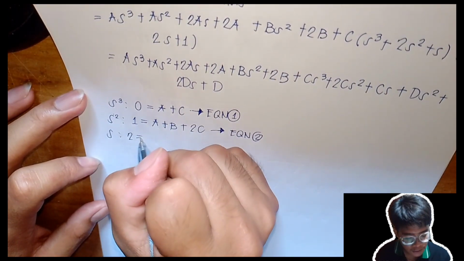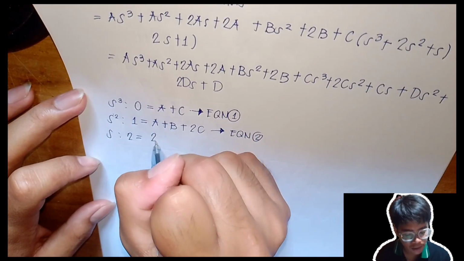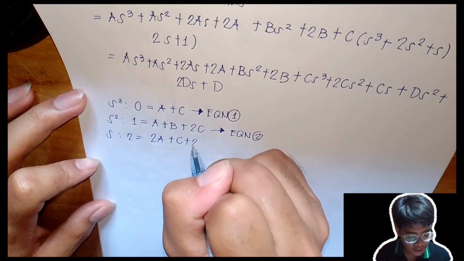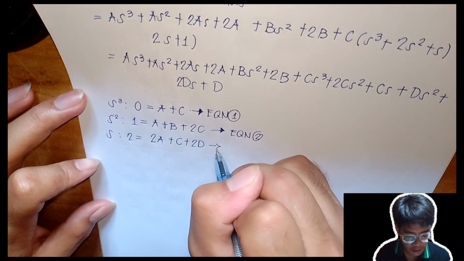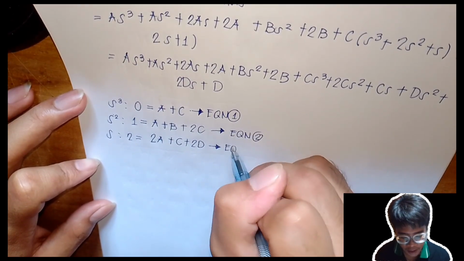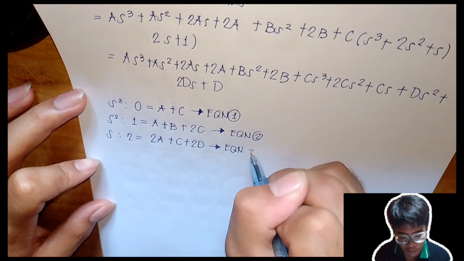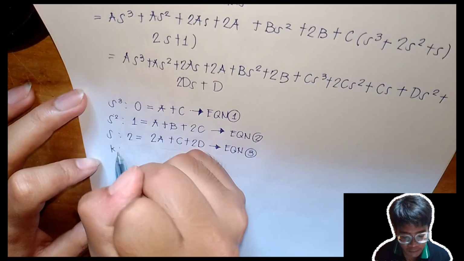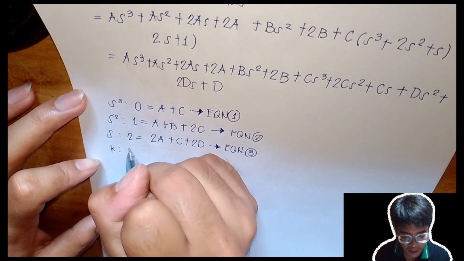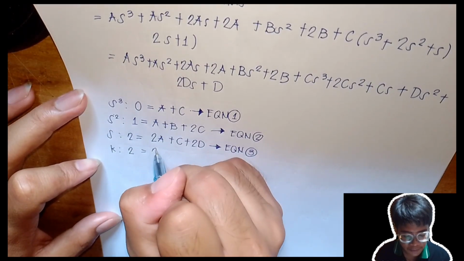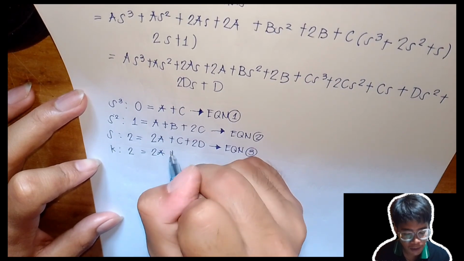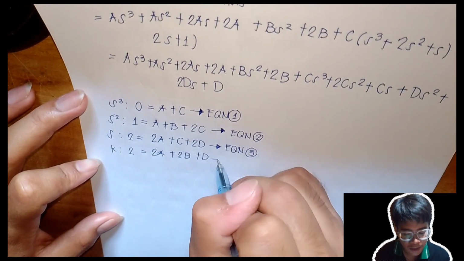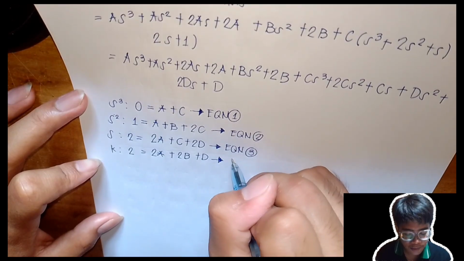In terms of s, 2 is equal to 2A plus C plus 2D, equation 3. For the constant, 2 is equal to 2A plus 2B plus D, equation number 4.